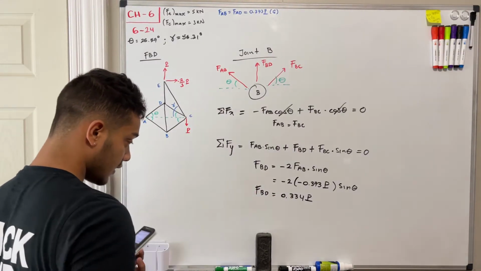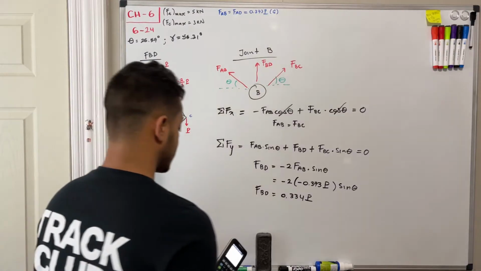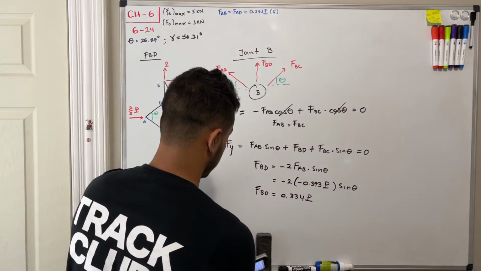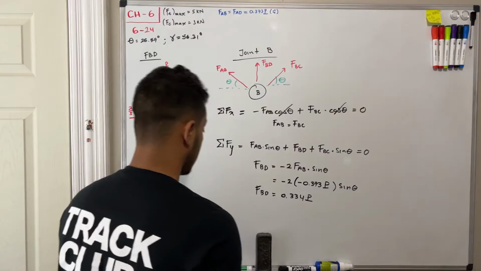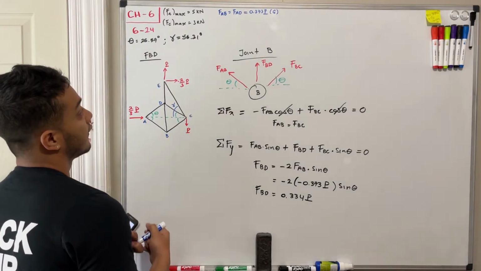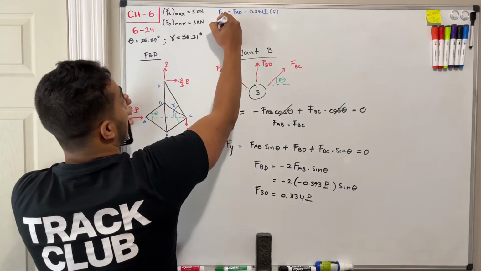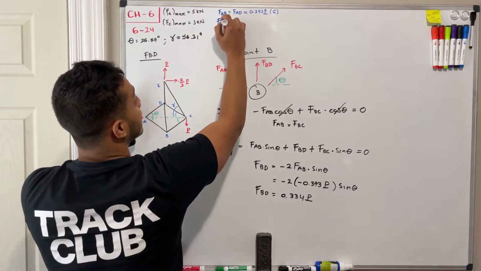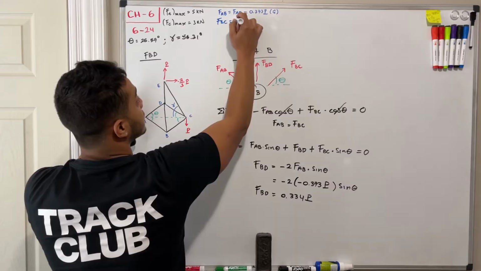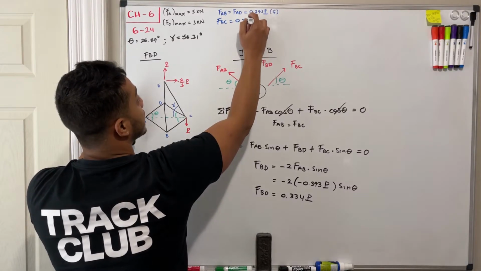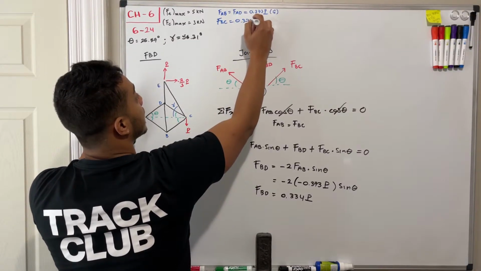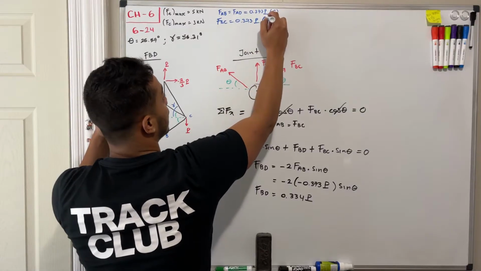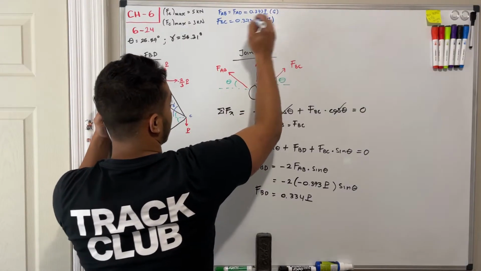Okay, I'm going to write my answers over here on top again. What do we have? FBC is also equal to 0.373P in compression. So we got the same thing here.